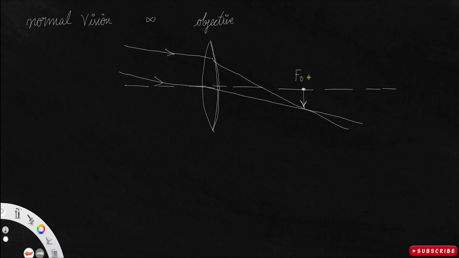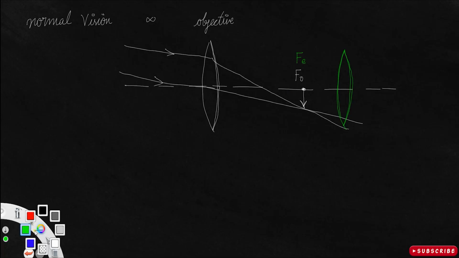Now what we are doing is we are taking this same point, that is FO, as the principal focus of the eyepiece also. We have a second lens, as we discussed before, the eyepiece, and the image is formed at the focus of the eyepiece.